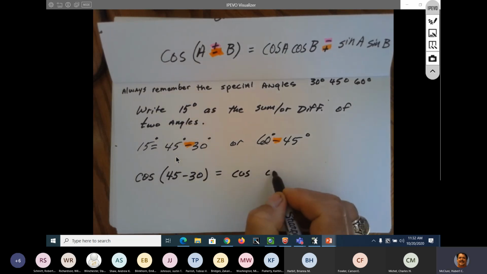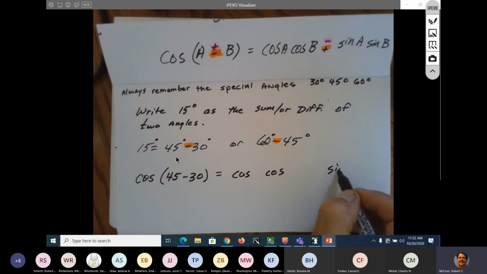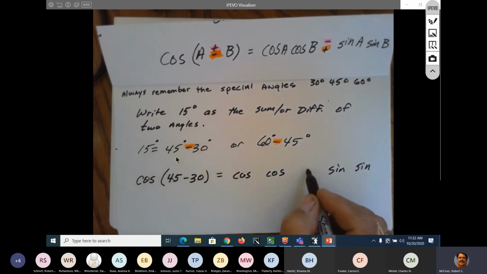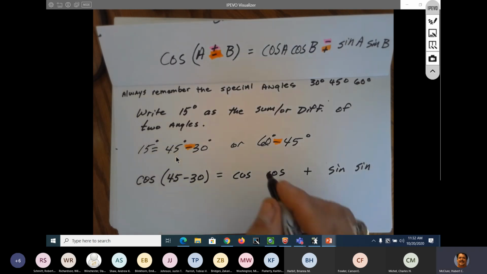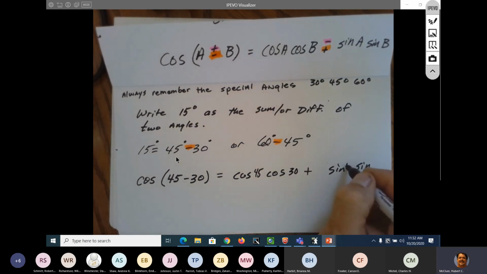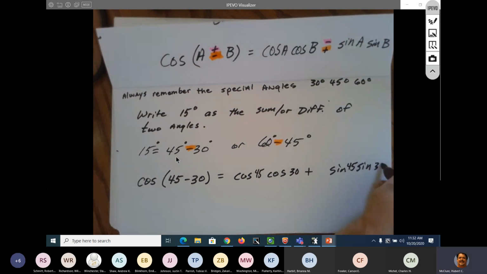That's a negative, so this is a positive. That's going to be cosine of A, B, so 45 and 30. Now you just got to remember your special angles.